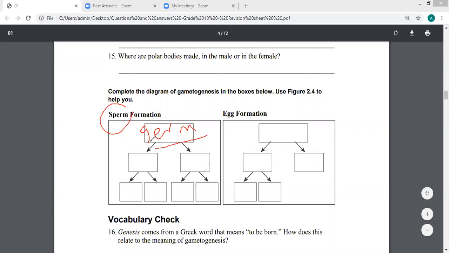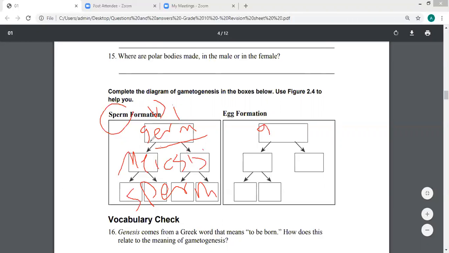So the diploid germ cell enters meiosis division, right? At the end of the division, it produces sperm. And we know that at the end of meiosis division, there are 4 producing cells, right? Yes. Sperm haploid or diploid? Haploid. Good.